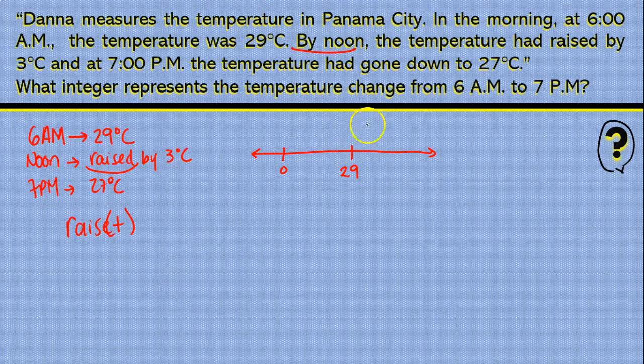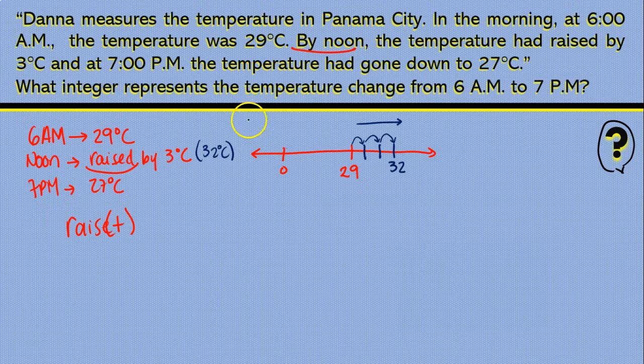So that means we're going to be moving 3 steps to the right. 1, 2, 3. So from 29 to 30 to 31 to 32. And that is going to be the temperature at noon, 32 degrees Celsius.